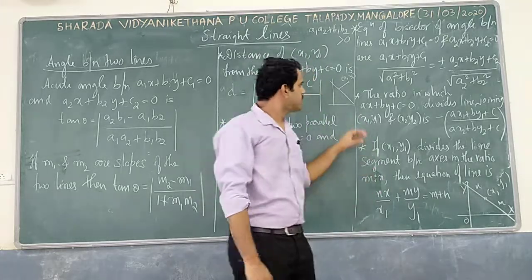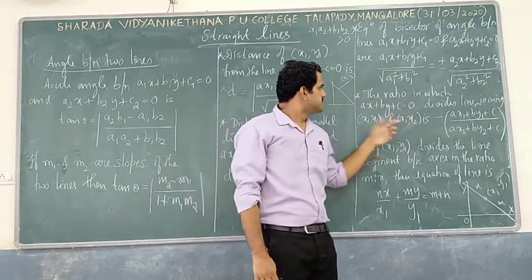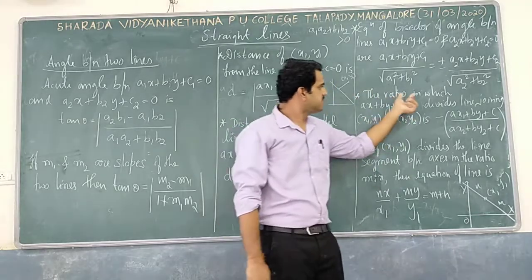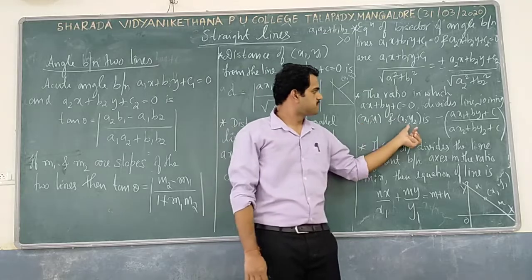Now, coming to another point: you take a line ax plus by plus c equal to 0. It divides the line joining the 2 points.